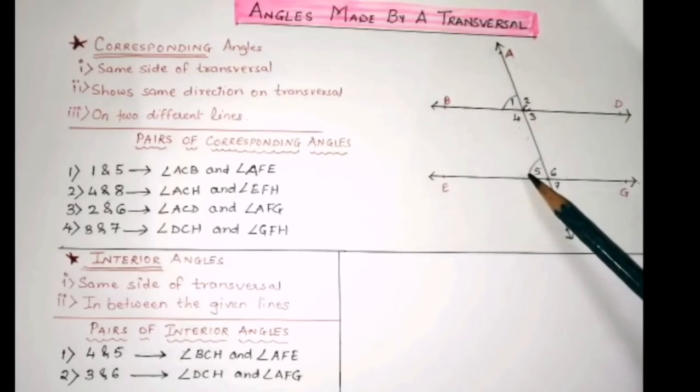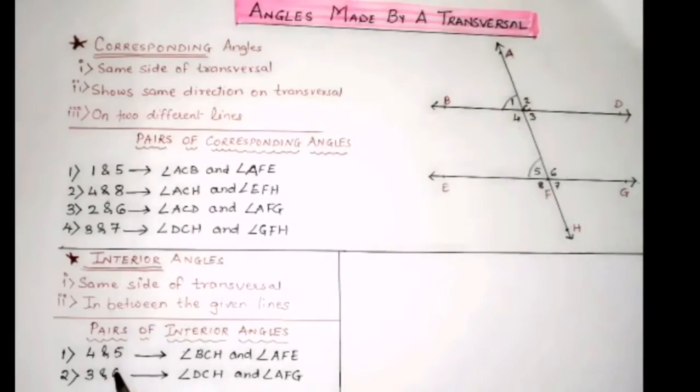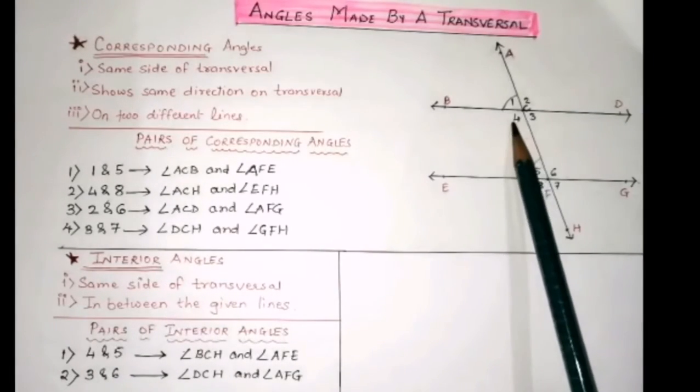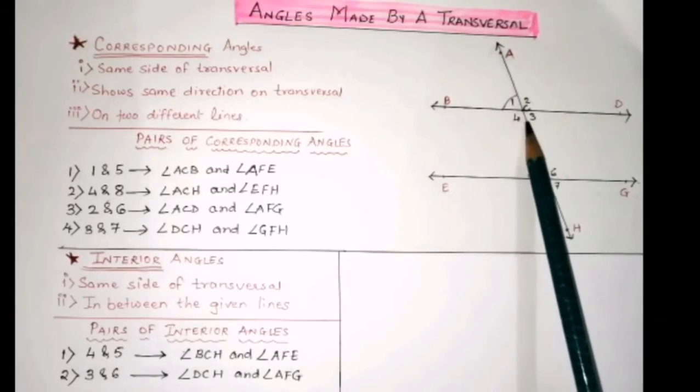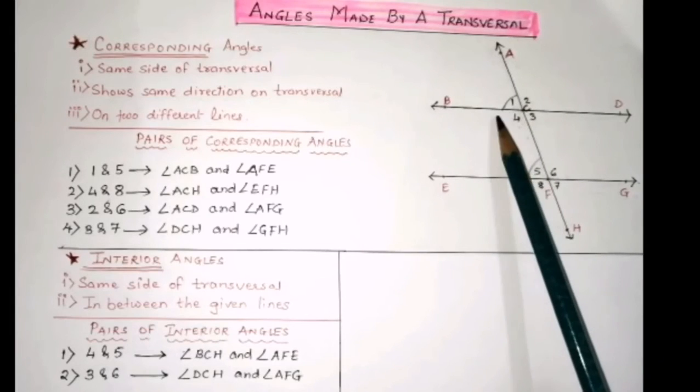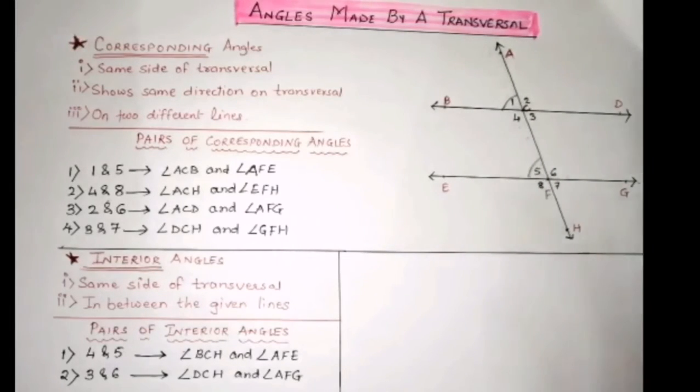Let's see what are those. In this figure, angle number 4 and 5. Check over here. These two angles are sandwiched between these two lines. Okay, they are in between the lines.